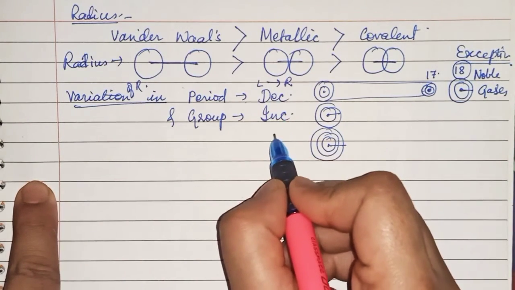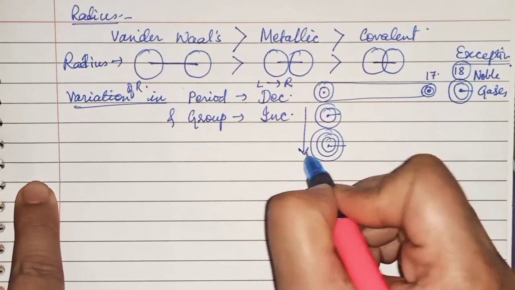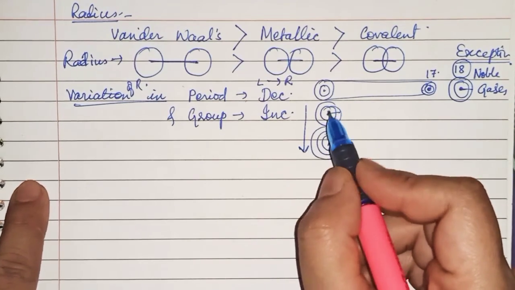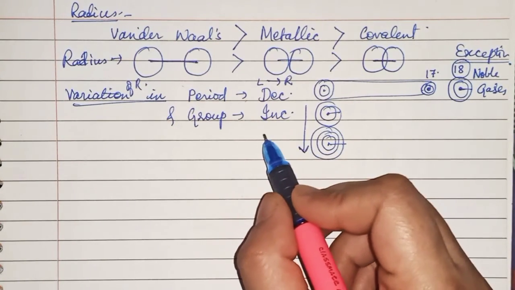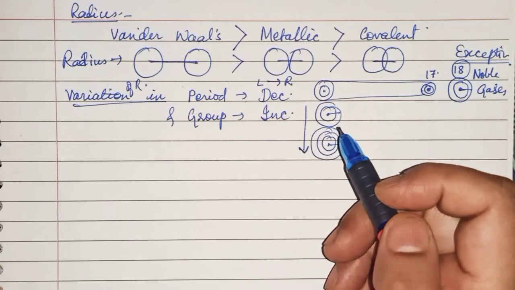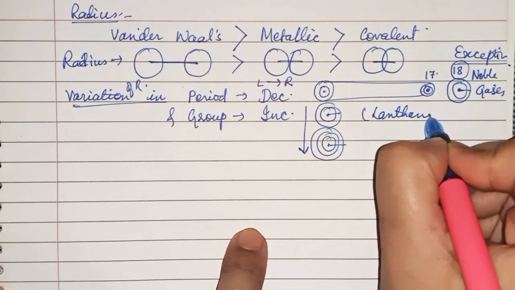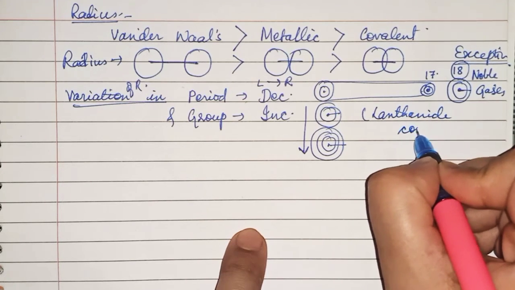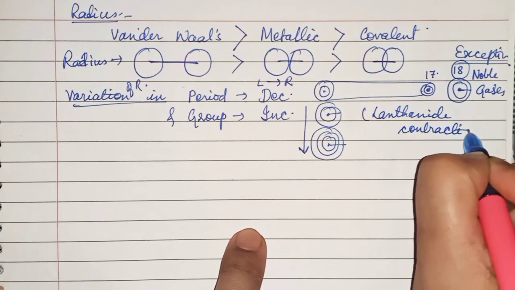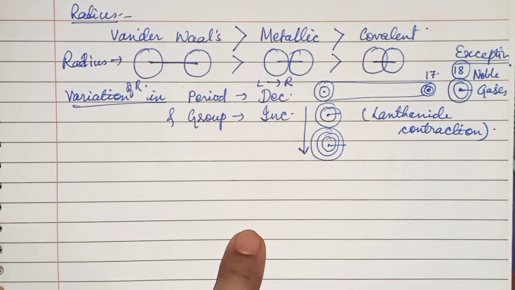Here, when you are moving down in a group, the number of shells is increasing. So there will be an increase in the radius. But again one exception is there, that is lanthanide contraction. This you will learn in detail in class 12.